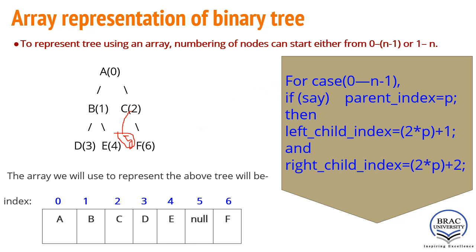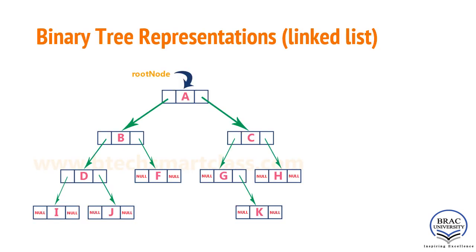Now binary tree representation for linked list. Here is a tree data structure for linked list representation, and as you have a clear idea about linked list, I hope that will not be a problem for you. This is the root node, and for each and every node there are three fields.